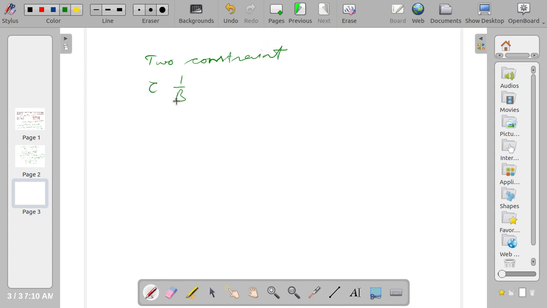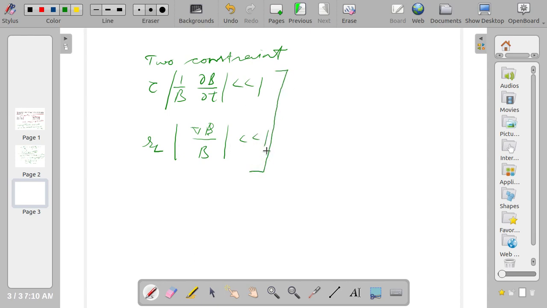One is this, ∇B over B is less than 1, and this is called the guiding center or the adiabatic approximation.